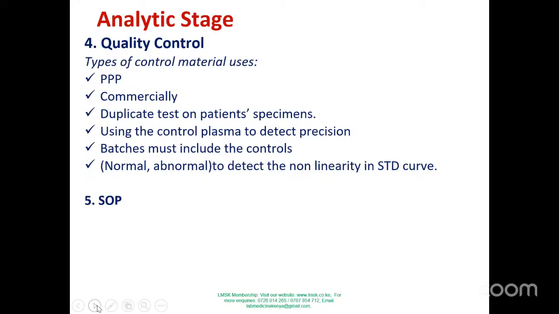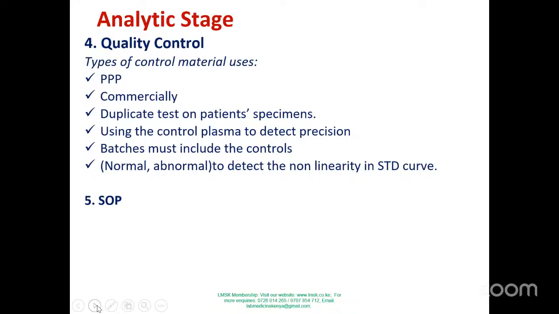So for types of quality control material, you could use commercial material, or you could use platelet poor plasma, which means you are doing a comparison. It is an alternative method if you cannot afford the commercially prepared one, which means you are using a previous sample that you stored and whose concentration you know.